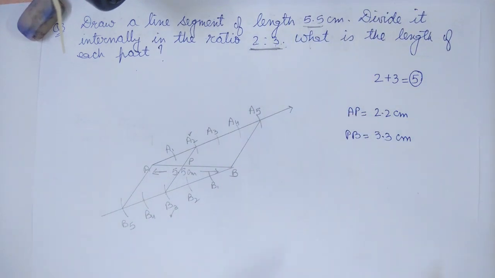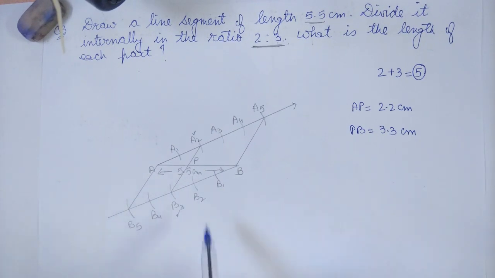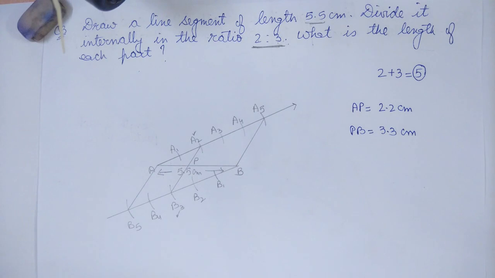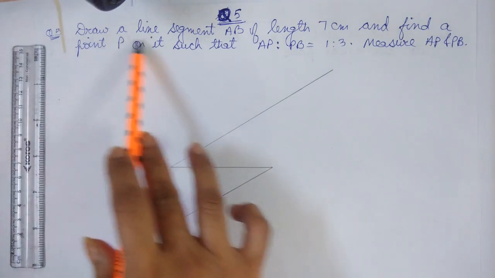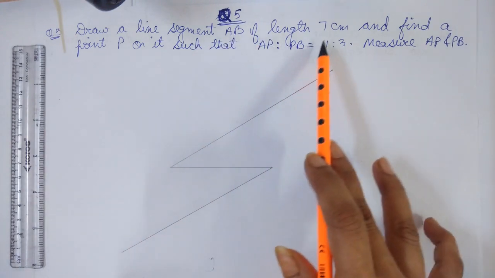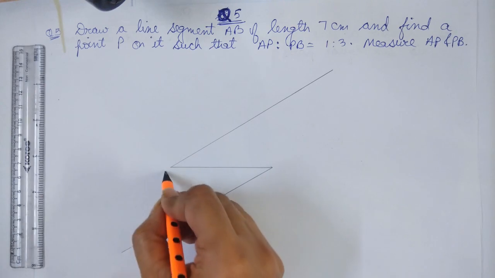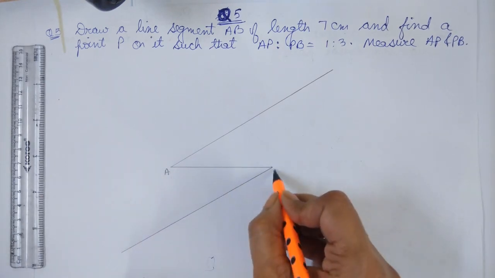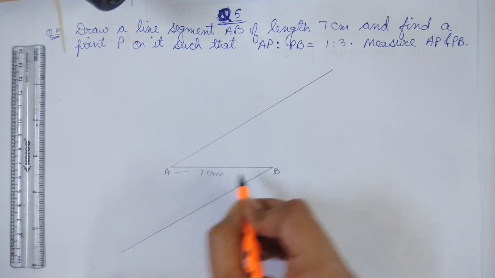Is it clear? I think with the help of this question 3, you can try question number 4 yourself. Now, in question number 5, it is draw a line segment AB of length 7 centimeter. So, we will draw one line segment AB of 7 centimeter as we did in the previous questions.